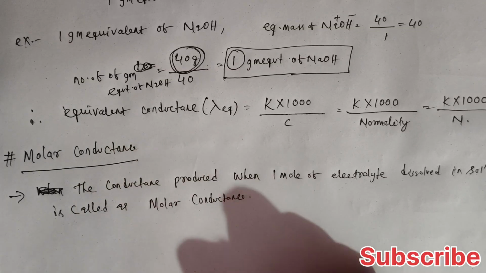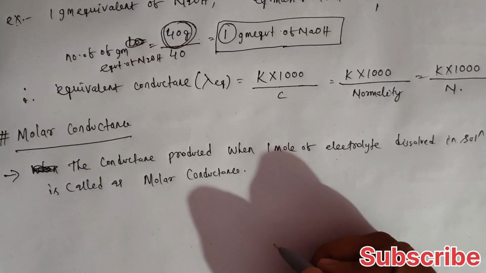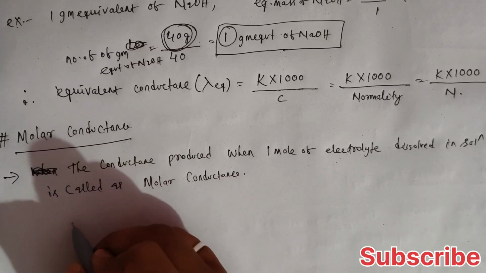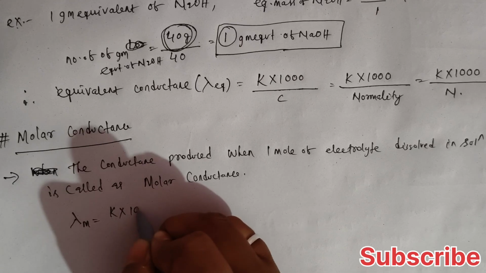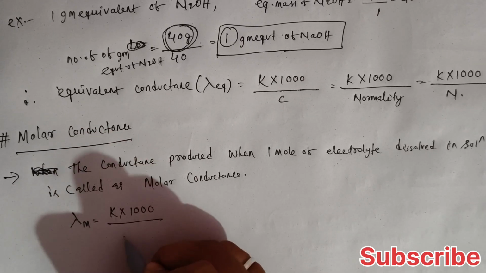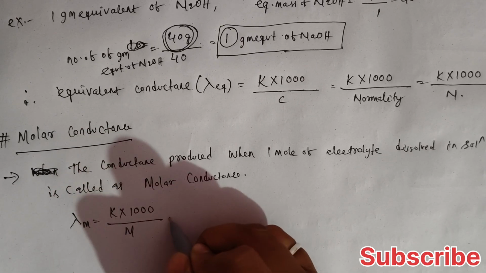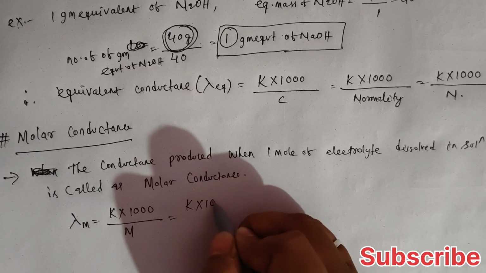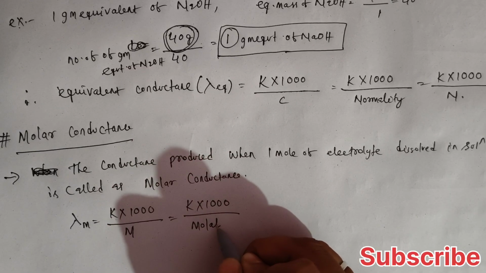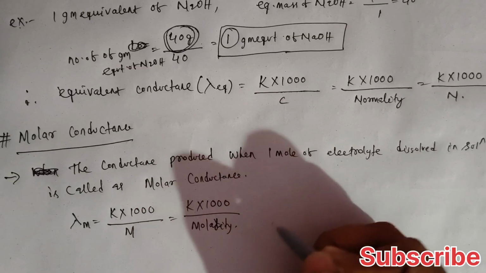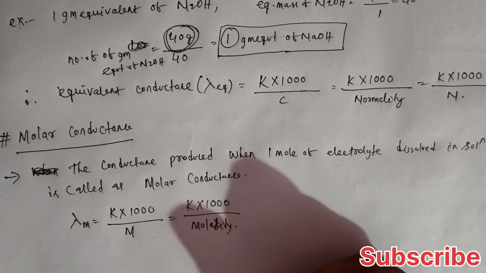What is the formula of molar conductance? Like this, lambda m is equal to k into 1000 by M. M means molarity, k into 1000 by molarity. Clear? I think everyone clearly understands what I tell you here.